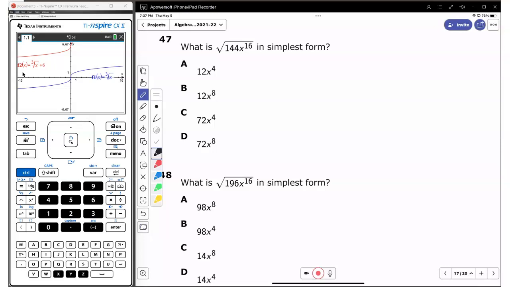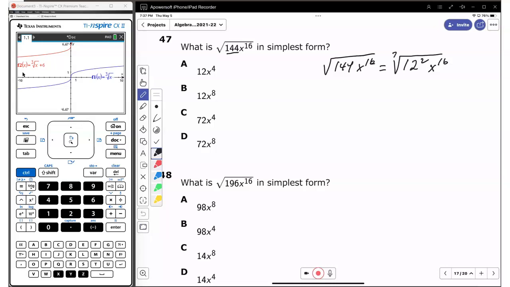From our last example, we know that the square root of 144 times x to the 16 is going to equal the square root of 12 squared, and then we have x to the 16th power.